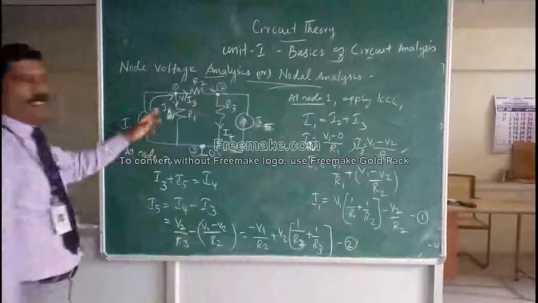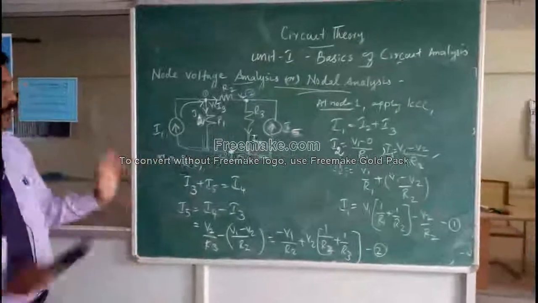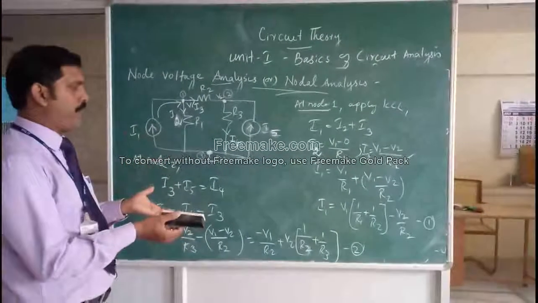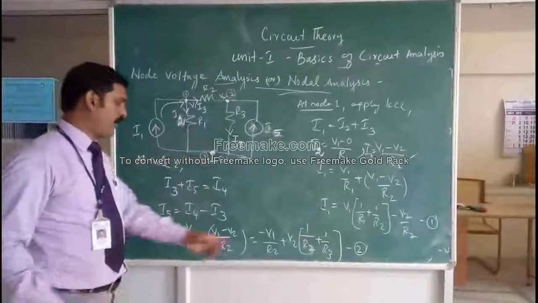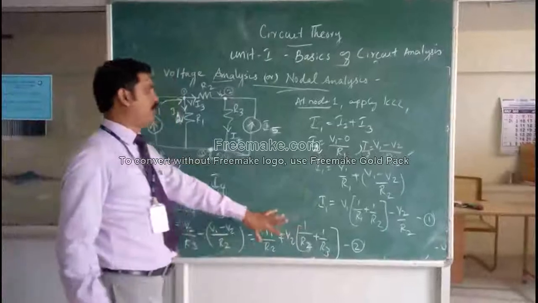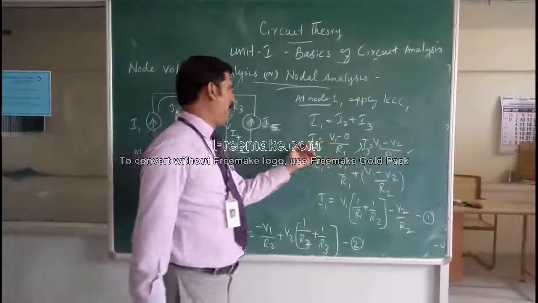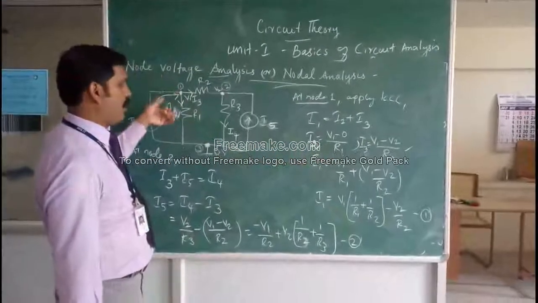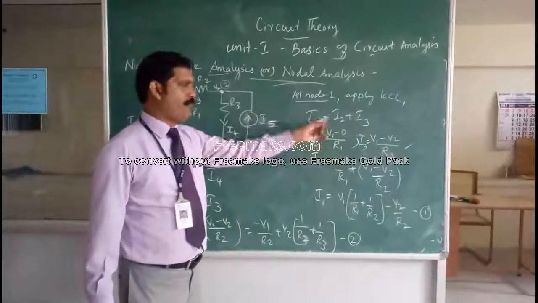Now we have two equations from the diagram. We can model them in matrix form, so that we can use Cramer's rule to find the unknowns V1 and V2. Once we know V1 and V2, if you want the current I2 flowing through R1, we simply divide V1 by R1.